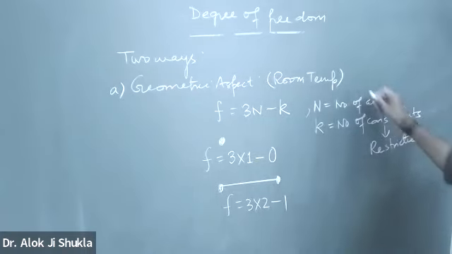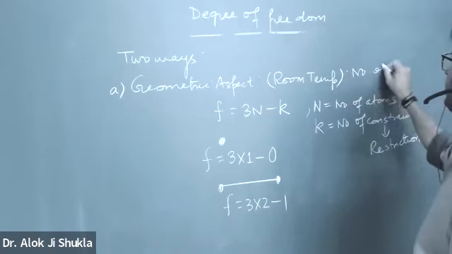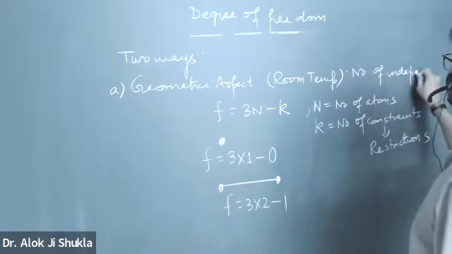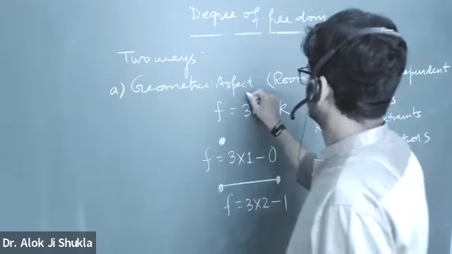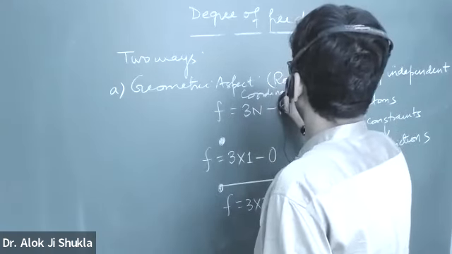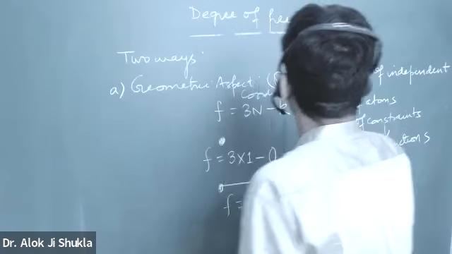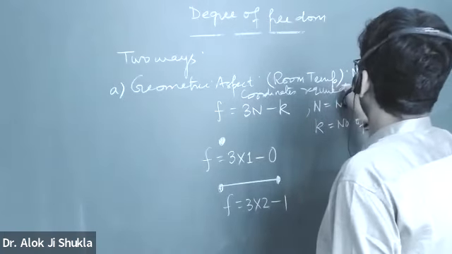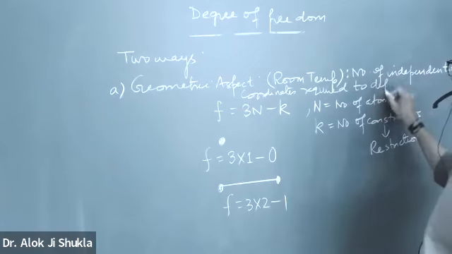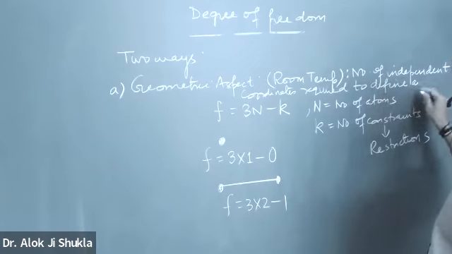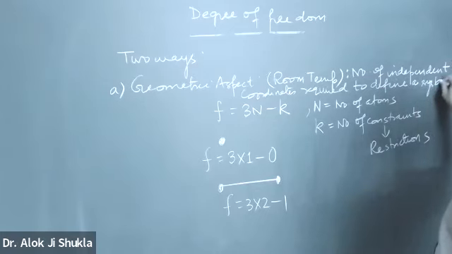So this geometric aspect actually is the number of independent coordinates required to define a system.